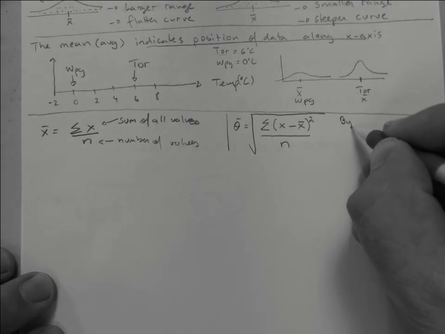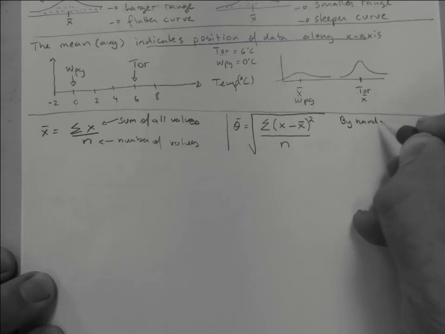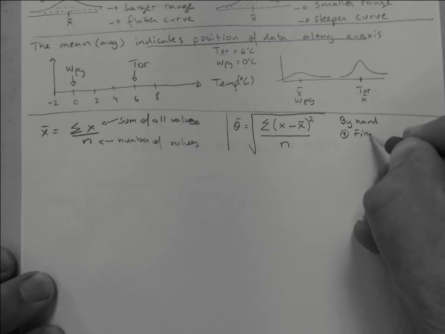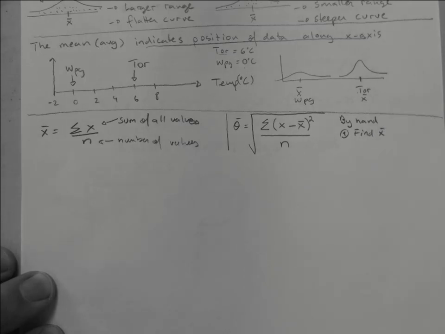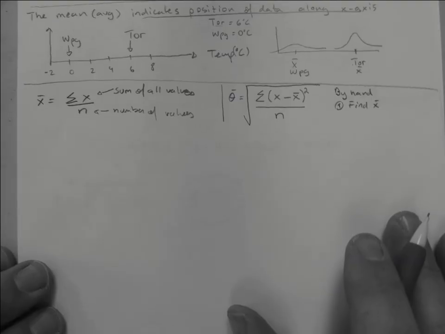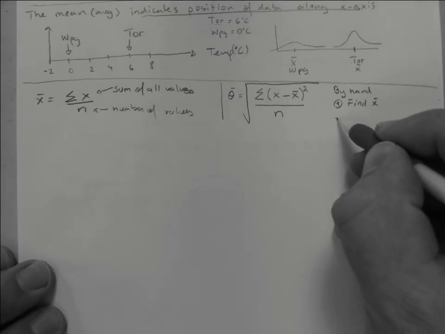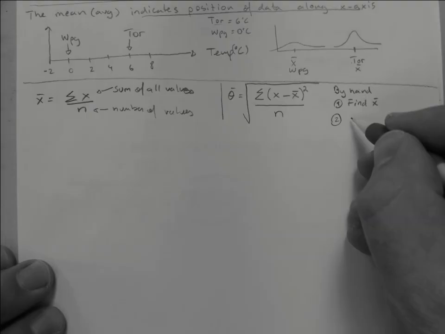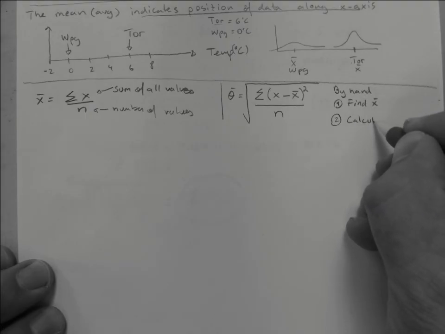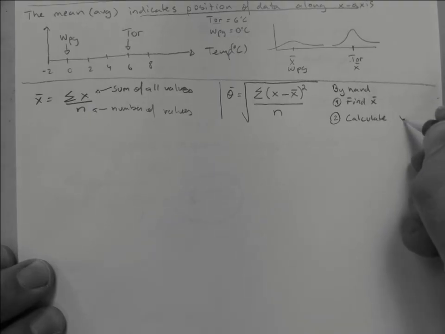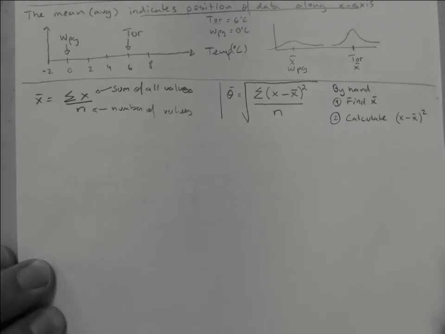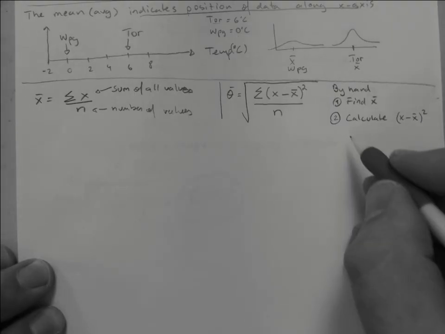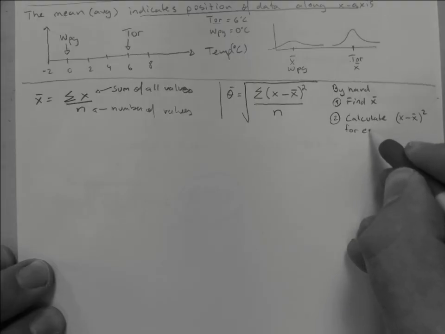By hand, find x bar. Okay, that'll be step number 1. Step number 2 is calculate x minus x bar and then square it for each point.